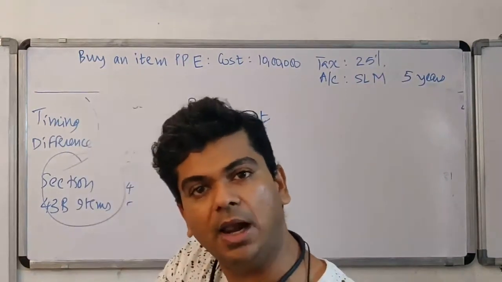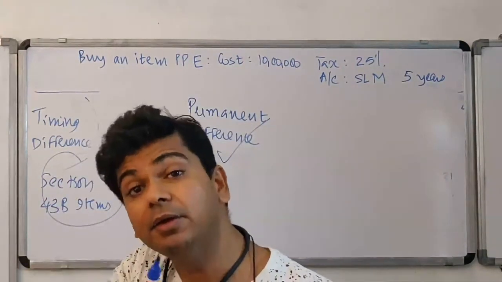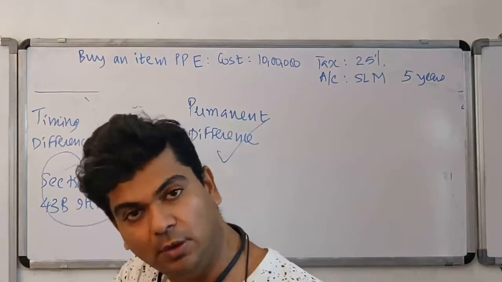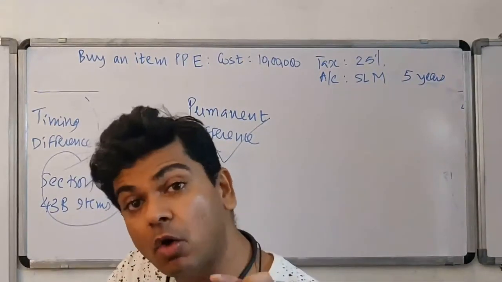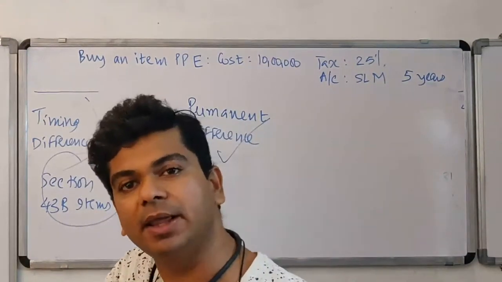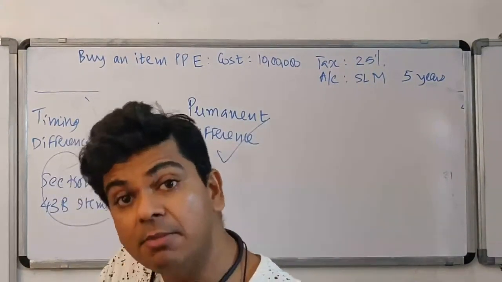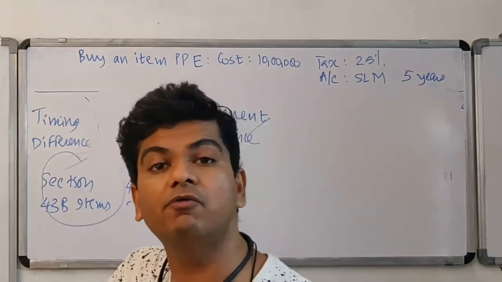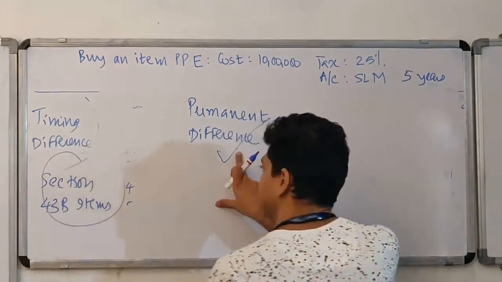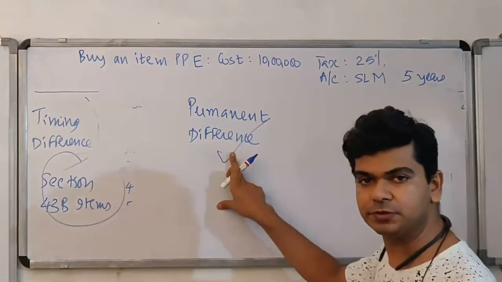It is disallowed in the current year. It is also disallowed for subsequent years. So the penalty will cause a difference between accounting profit and the taxable income in the current period, but this difference will not reverse itself in future. That's the reason I will call it a permanent difference.